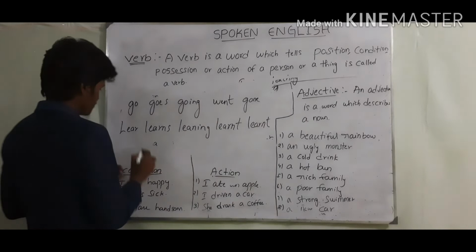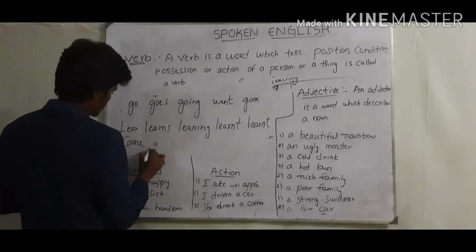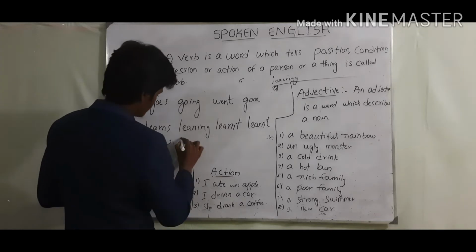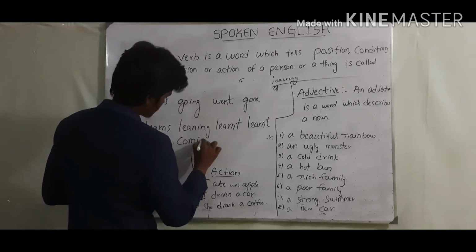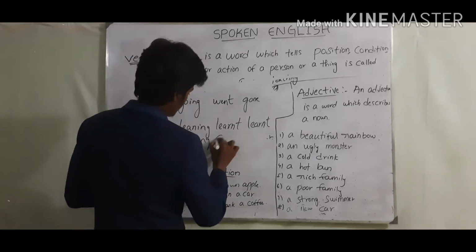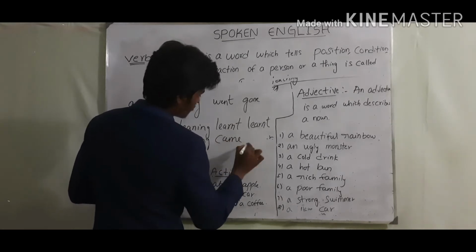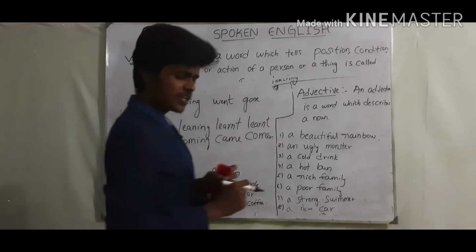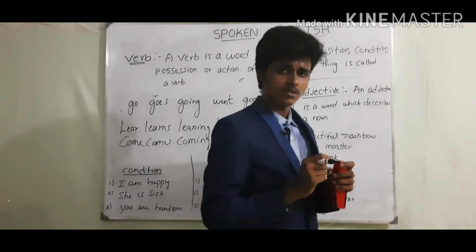If I say come, first form come, second form comes, third form coming, fourth form came, fifth form come. Like this, in English every verb has 5 forms.